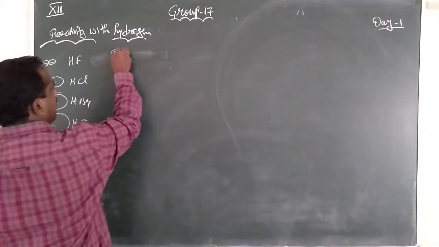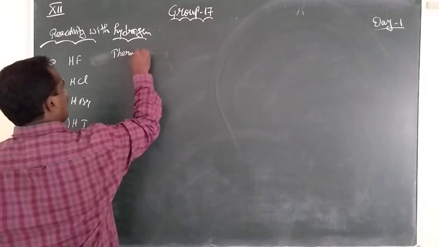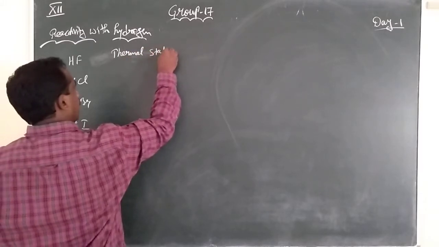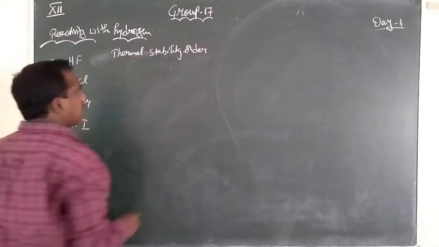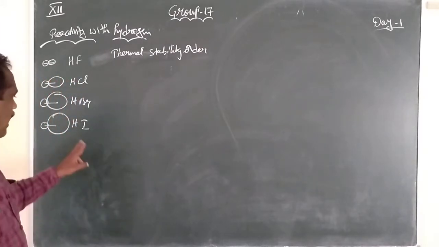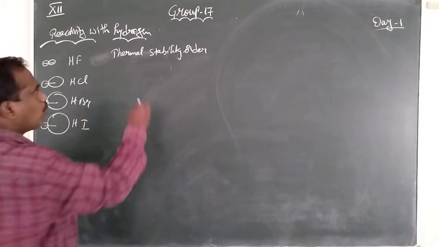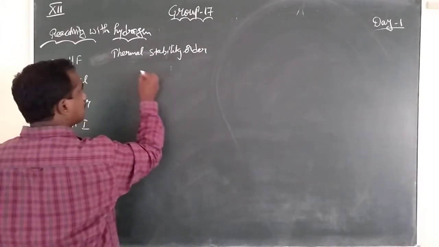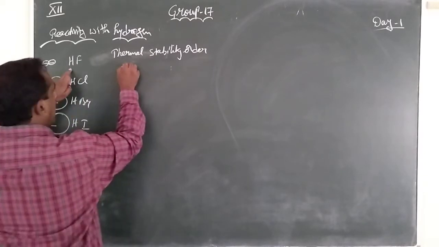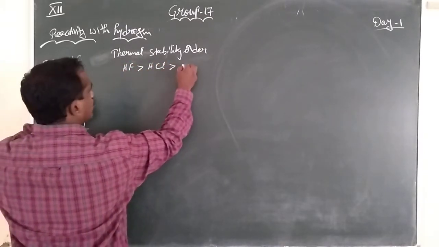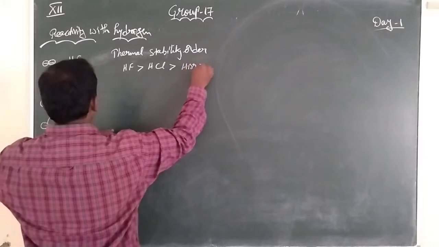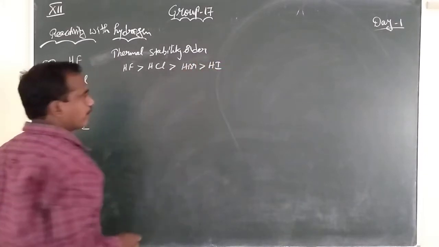First, the thermal stability order. Hydrogen iodide is least stable. Hydrogen fluoride is more stable than hydrogen chloride, which is more stable than hydrogen bromide, which is more stable than hydrogen iodide.